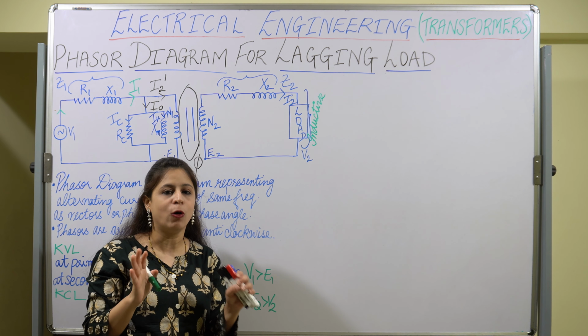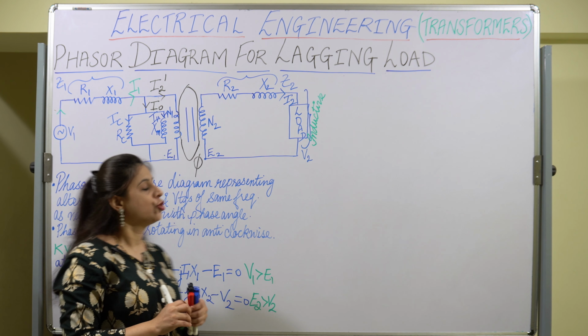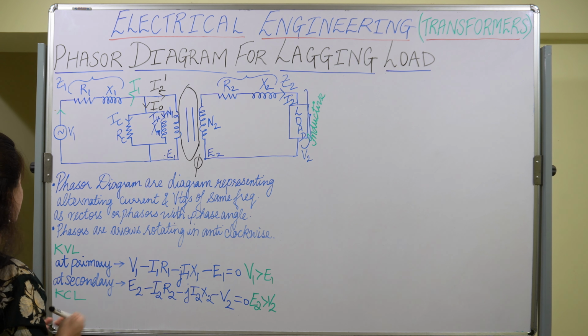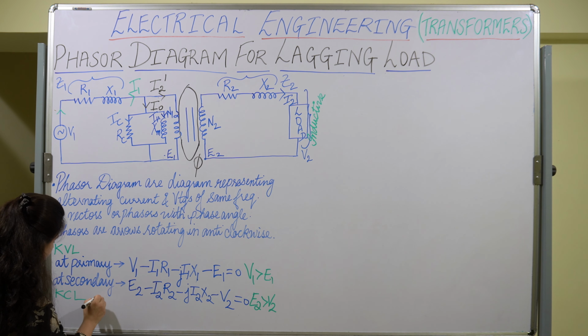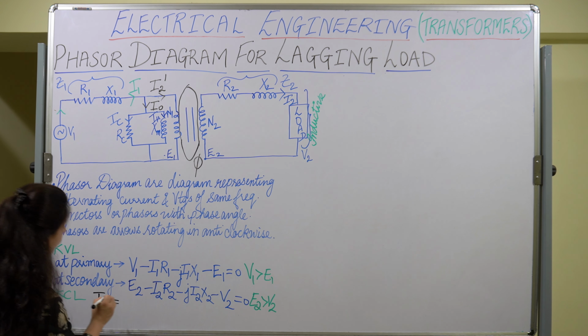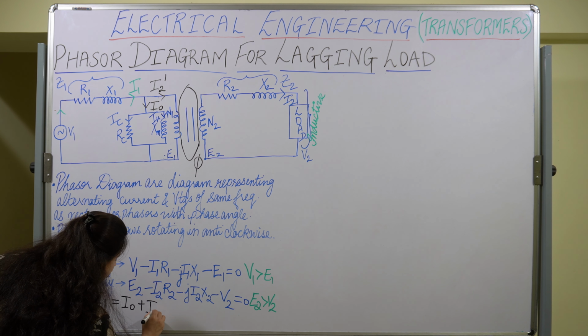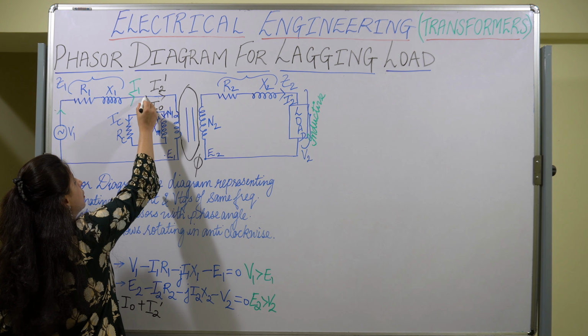We have already seen all these factors in the working of a transformer. So applying the KCL, I1 is equal to I0 plus I2 dash.